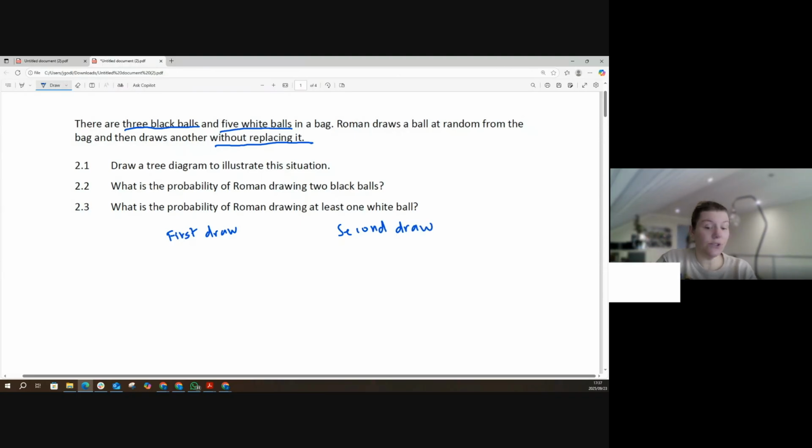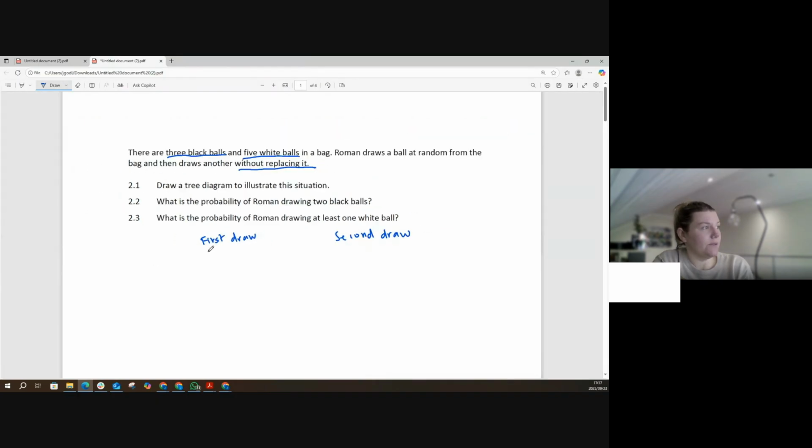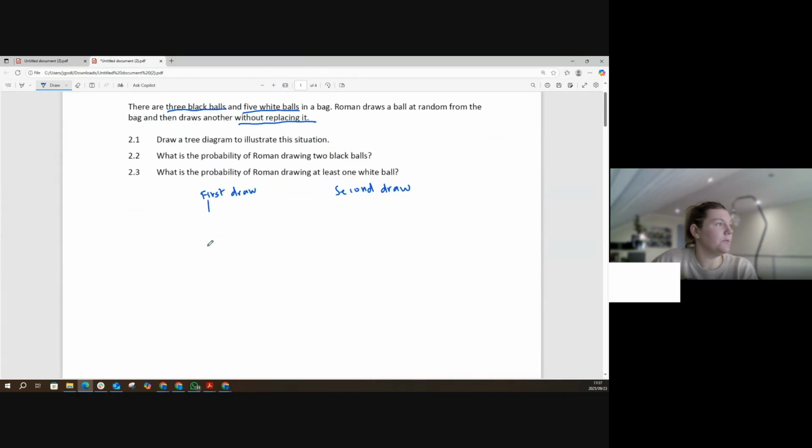Exactly. Yeah. So we're going to think, what are our possibilities on the first draw, right? I'm just going to make it a bit smaller. Okay. So on our first draw, our possibilities are black or white.